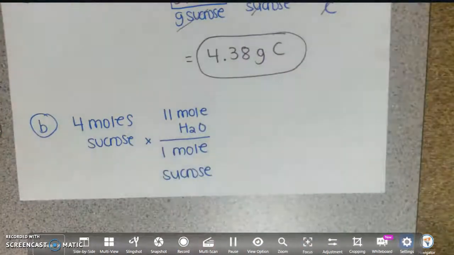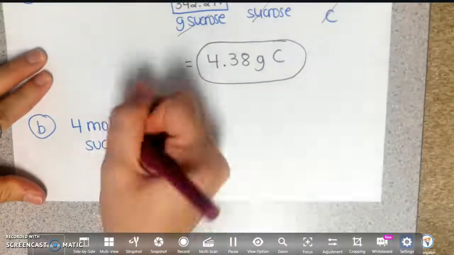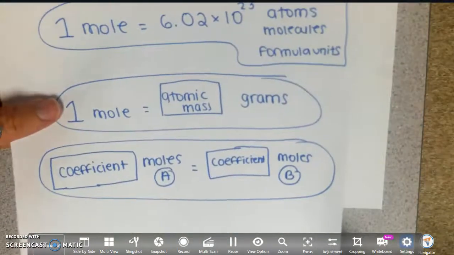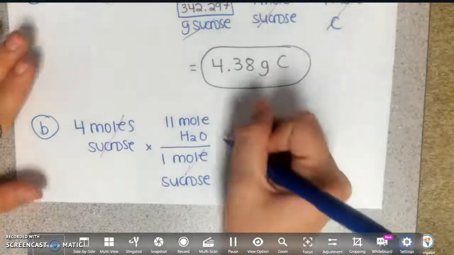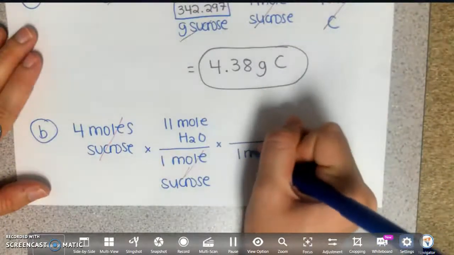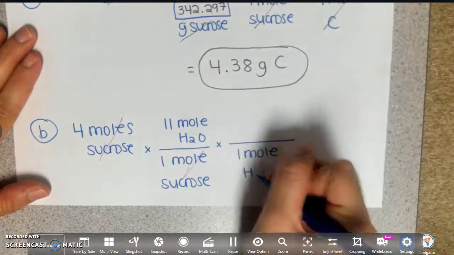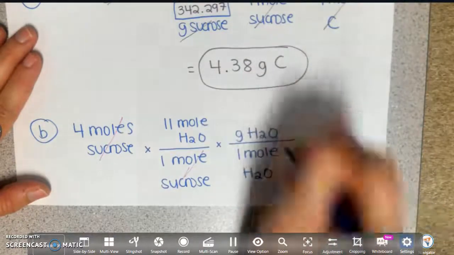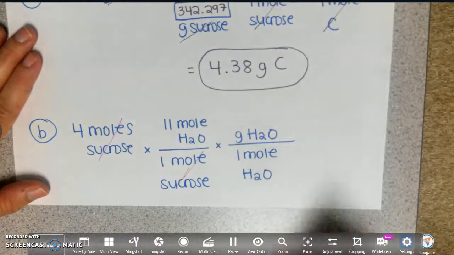Now the moles of sucrose unit canceled. And I have moles of water. Now I can go from moles to grams using this conversion. 1 mole of water is whatever the grams of water are. And again, you get this number by going to the periodic table.